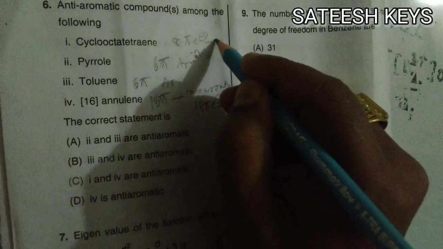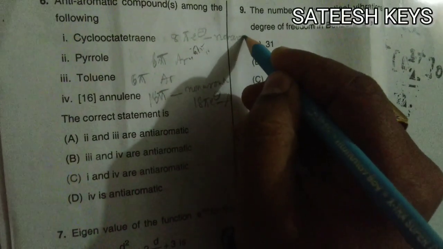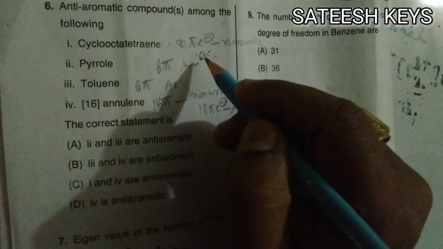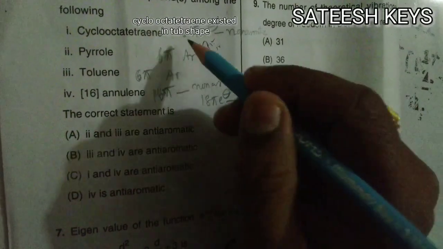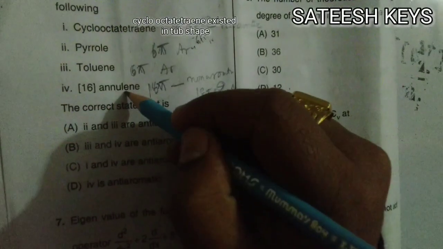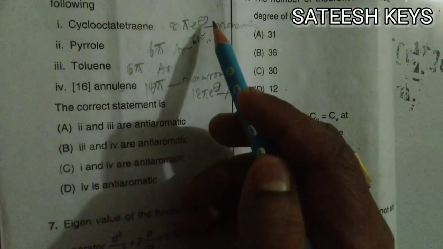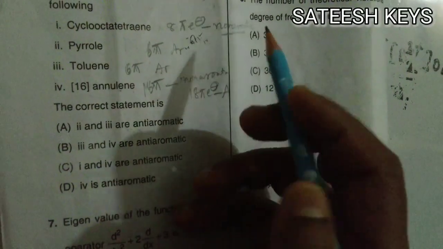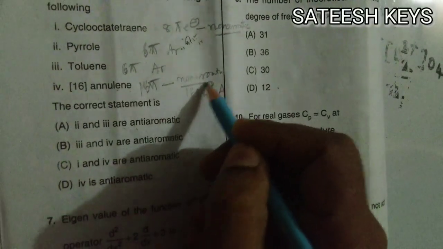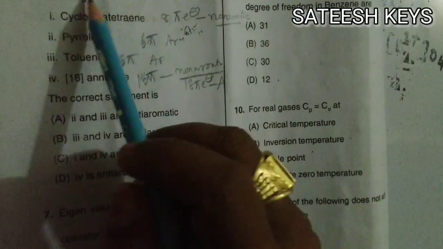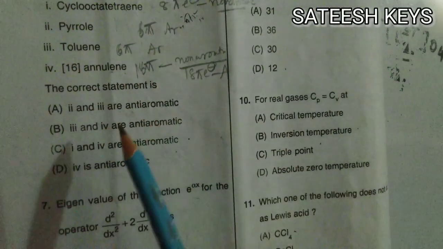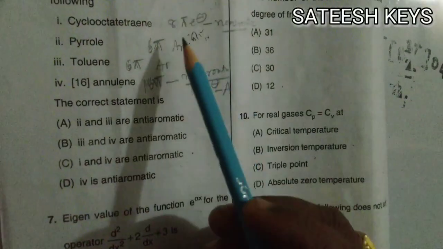In this case also non-aromatic, because these compounds are non-planar molecules. Both [16]annulene and cyclooctatetraene are non-planar molecules. So these are non-aromatic compounds. So the question is wrong, and our correct answer does not match.